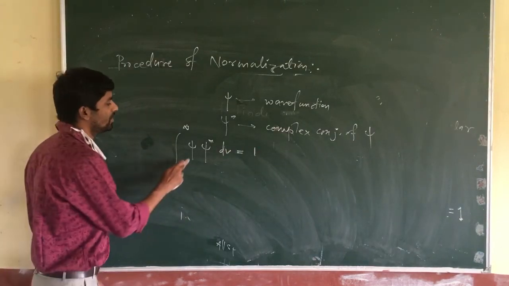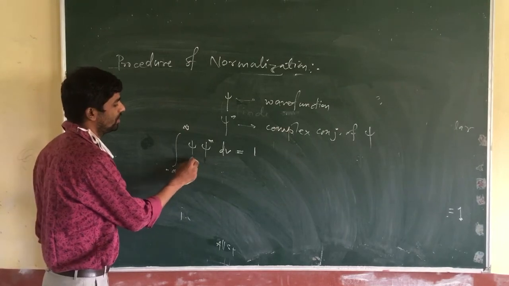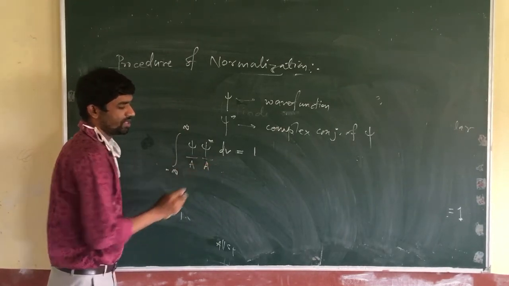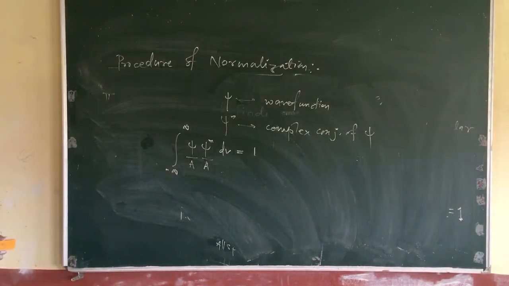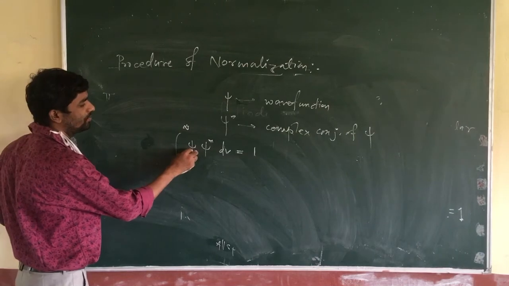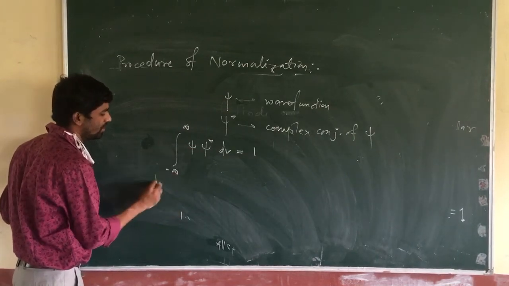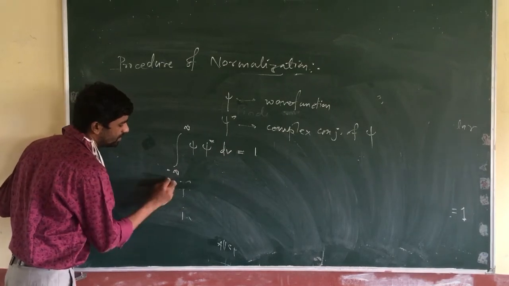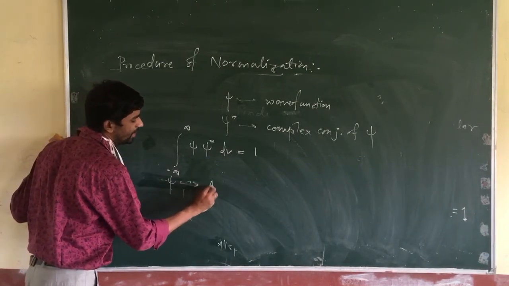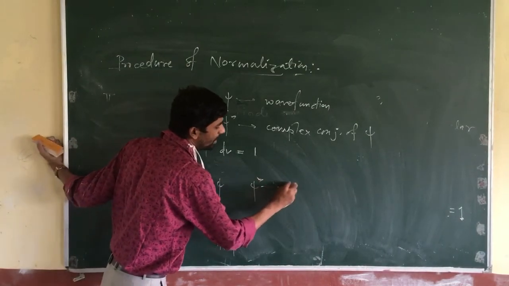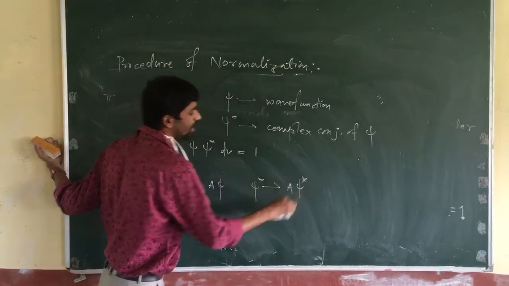If this is not equal to 1, then we have to multiply with A on both sides. Multiplying on both sides means you have to multiply psi with A. That means take psi equals A psi and psi star equals A into psi star.